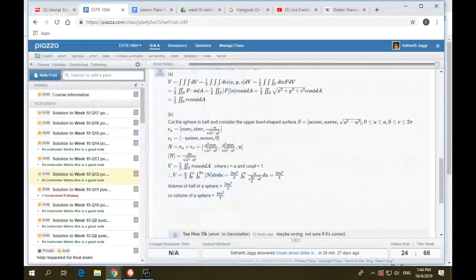Oh, right. Okay, I'm sorry. So clearly I need to review my basic calculus as well. But the indefinite integral of this is square root of a square minus u square. And then when you substitute in the limits 0 to a, you get 2 pi a cubed by 3. Okay, that's what Maxima is for. So anyway, okay, good. So yeah, this is mostly calculations, but Honthek will describe it.